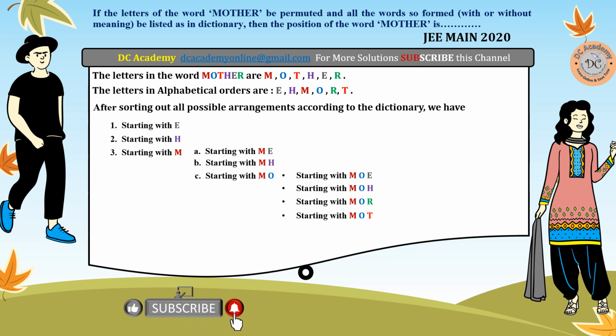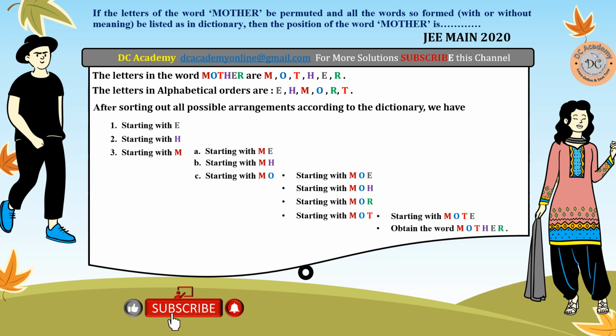Now, when we obtain MOT, we get the first three letters of the word MOTHER. So now we have to check for the next one, that is the fourth one. The fourth one will be first MOTE, and the next one will be MOTH.